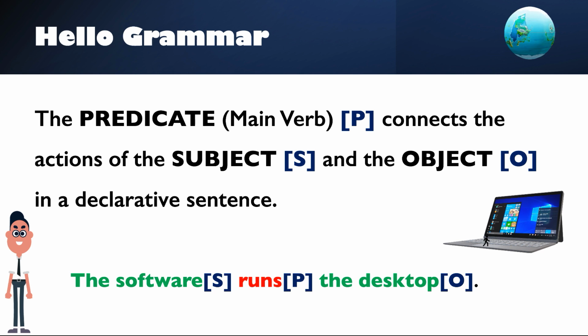Professor Neil, so that means in good grammar, a declarative sentence should have subjects, which is noun phrase, appear before predicate, and object should appear after verb phrase, predicate. Yes. Otherwise it becomes bad grammar.